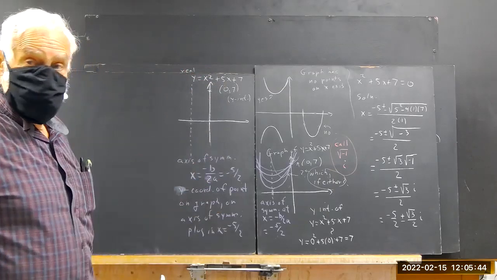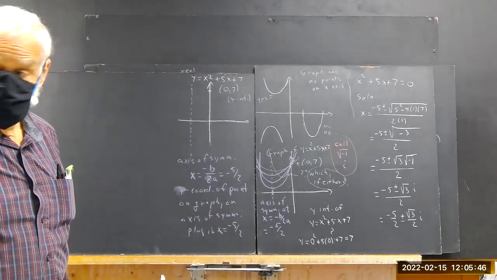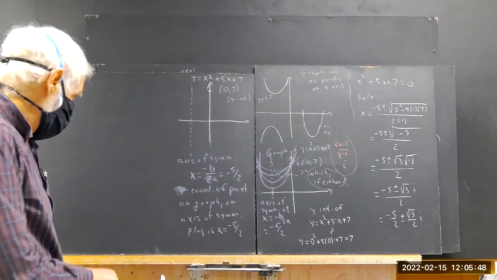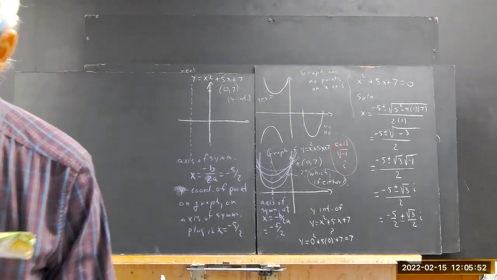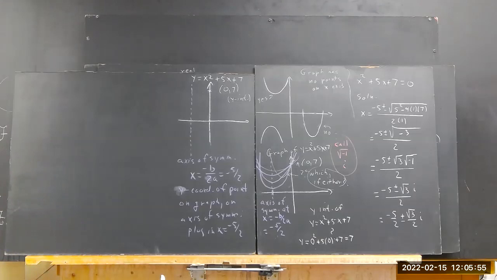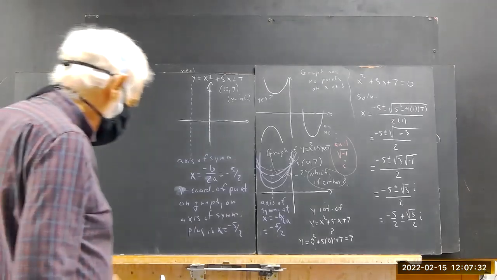We plug in x equals negative 5 halves. I'm going to ask you to do this. Plug in x equals negative 5 halves. Show me then where that point is going to be. We have a little trouble getting started.